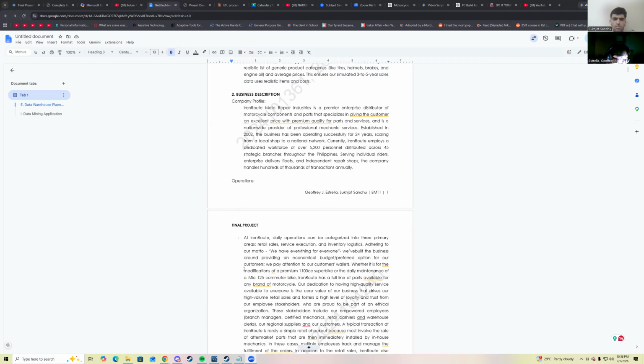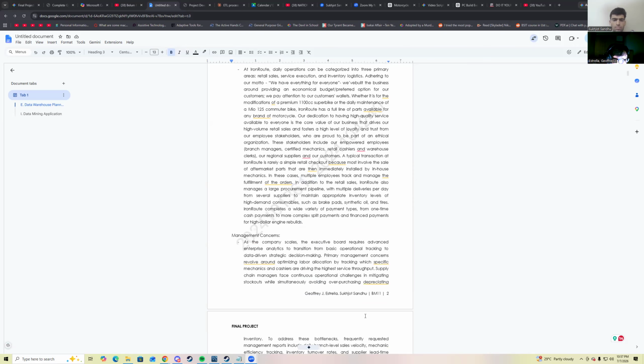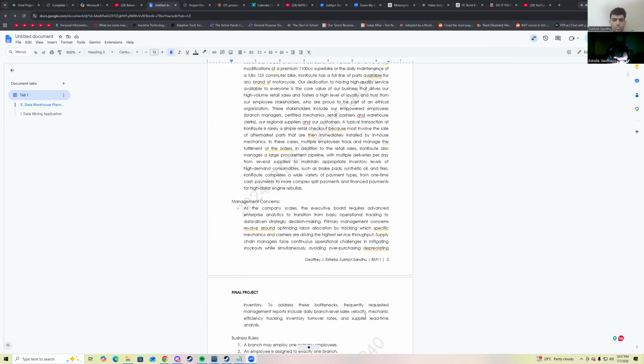So the problem and our management concern is that behind the scenes, we are managing a massive supply chain with multiple deliveries a day just to keep high-demand parts, like brake pads and synthetic oil, on the shelves. As the company has scaled, the executive board realized we had outgrown basic operational tracking and needed advanced data-driven analytics.